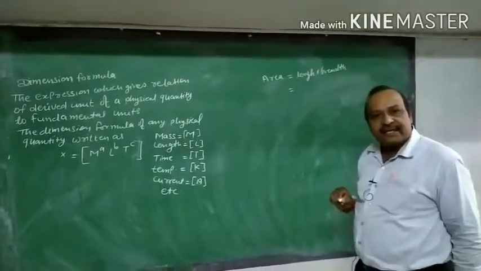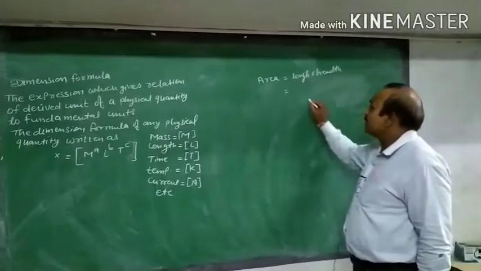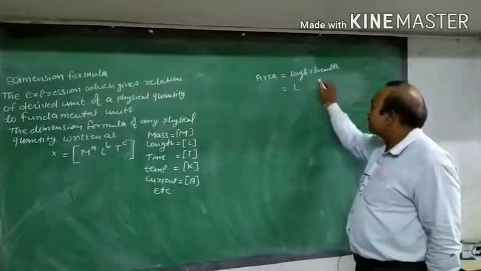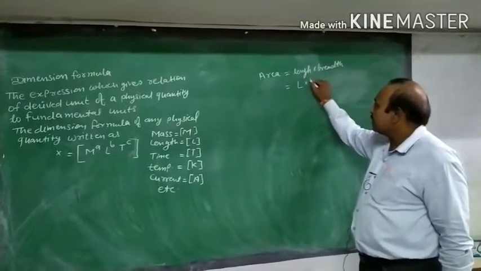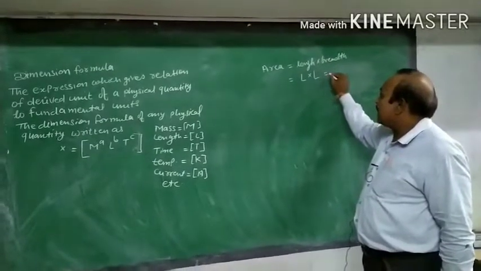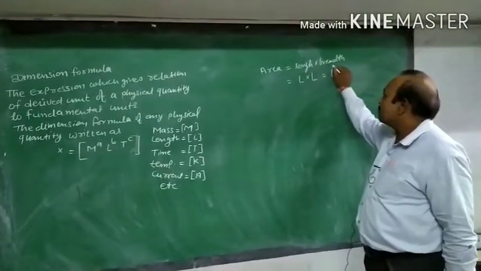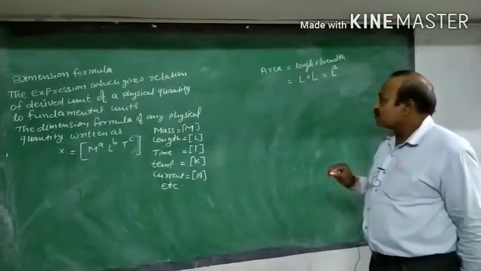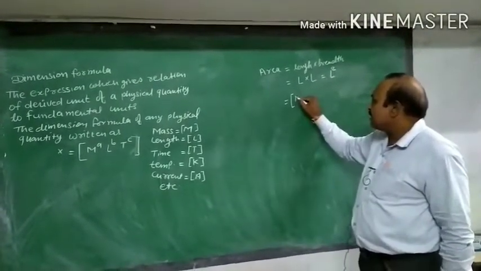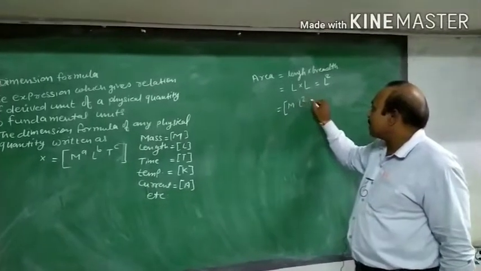Length is the fundamental quantity and it is represented by L. Breadth is also a fundamental quantity, it is also represented by L. So we get L into L equal to L to the power 2. So the dimension formula of area is represented as L square.